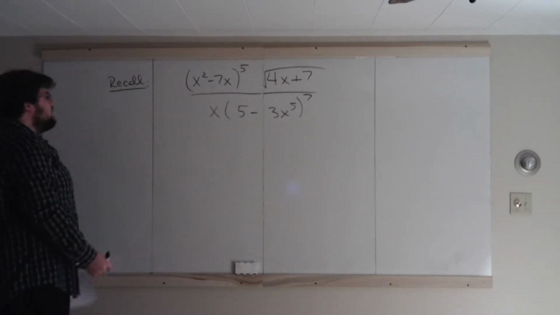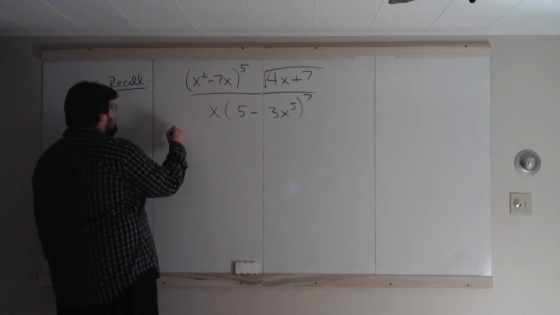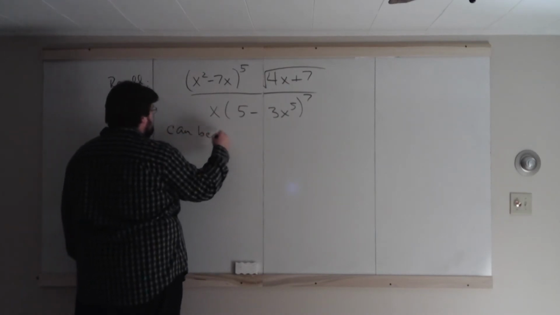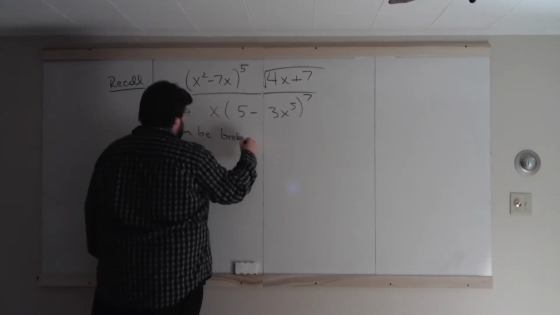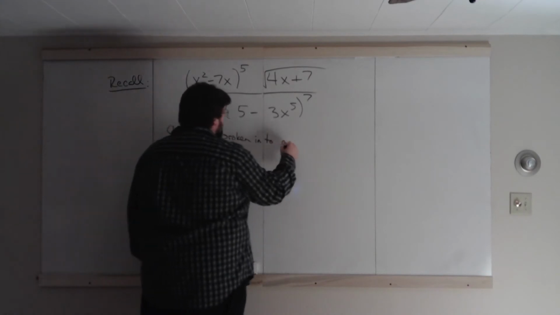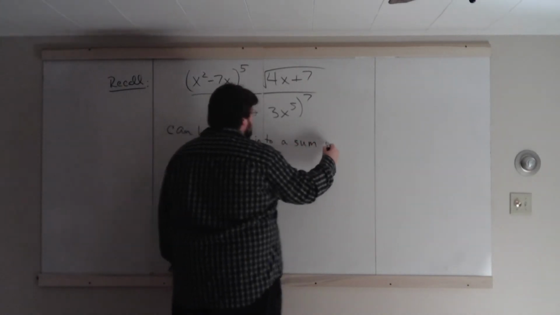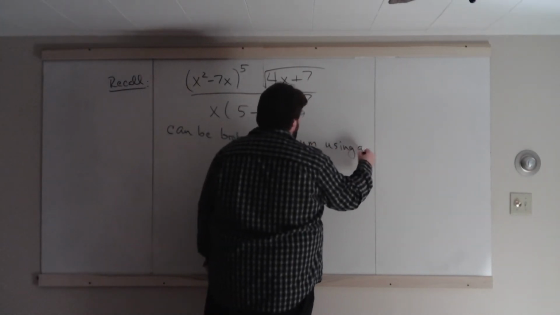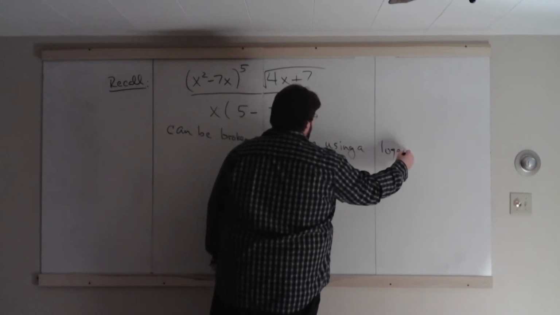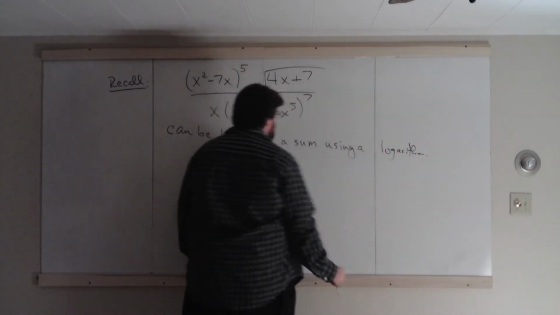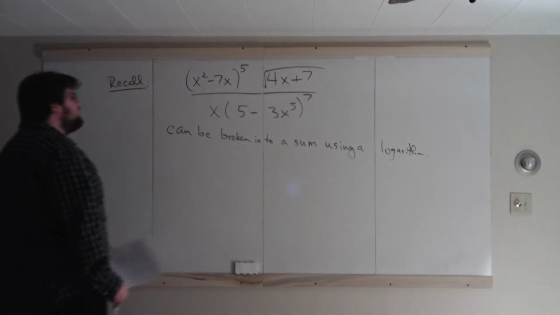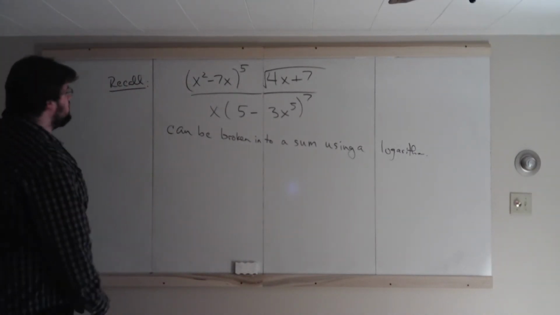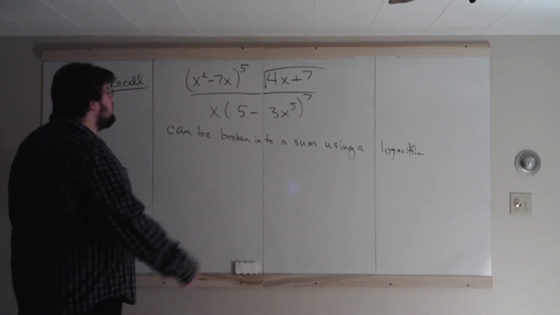So recall that this function can be broken into a sum using a logarithm. This was the last question, well, with different numbers. This was the last question on exam 1.